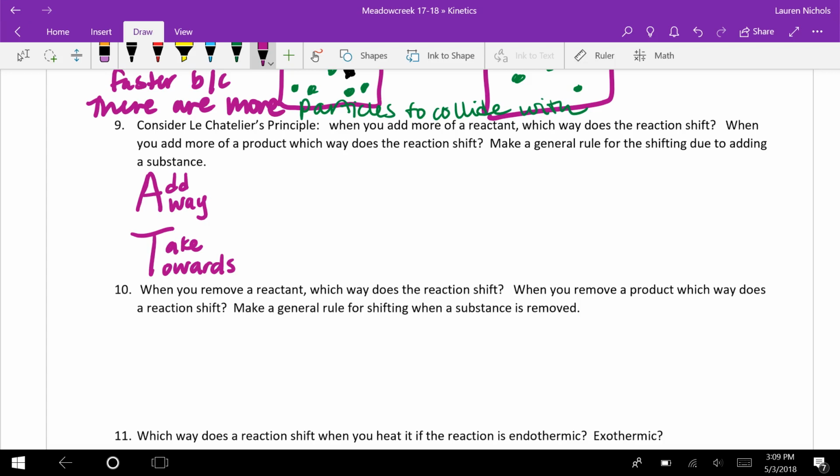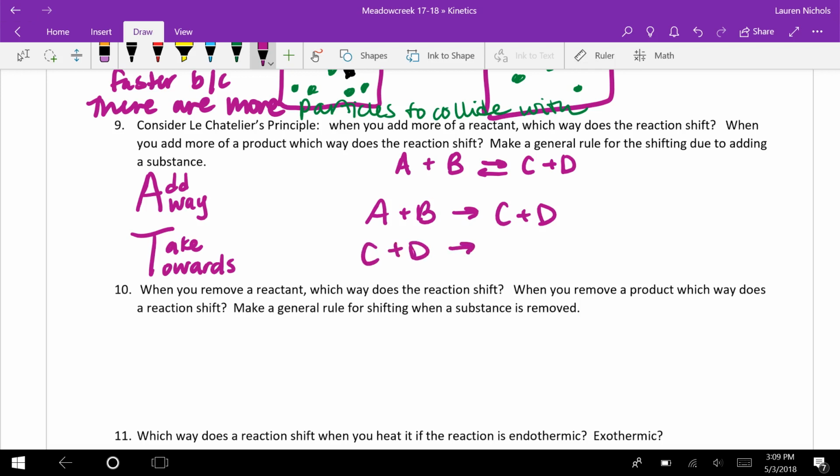Let's look at the reaction. A plus B produces C plus D. Now remember, that reverse arrow, that back and forth arrow, means that you could write this reaction as A plus B produces C plus D, and you could also write C plus D produces A plus B. The way it's written up here, this is the forward reaction and this is the reverse, but they're both happening.